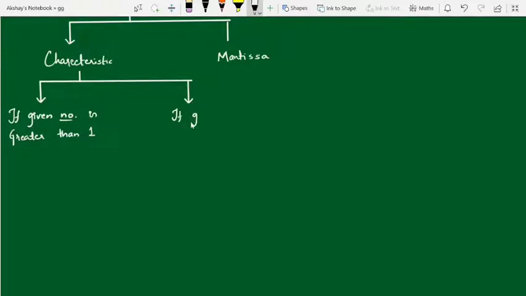If the given number is less than 1, then some steps of procedure we have. Okay. First we'll discuss this part: if the given number is greater than 1, how to write the characteristic. Next we'll discuss if the given number is less than 1, how to write the characteristic.